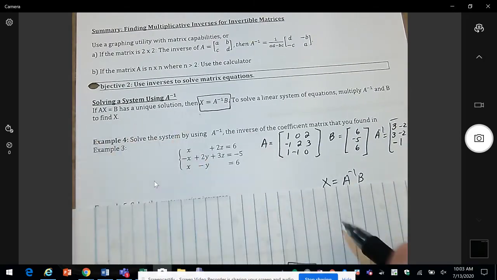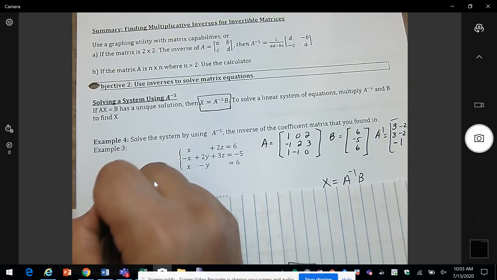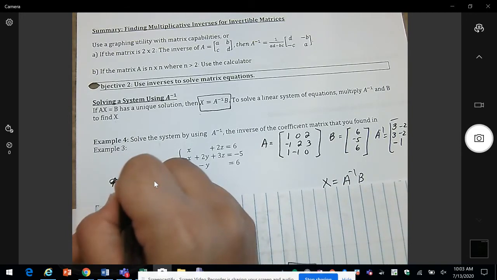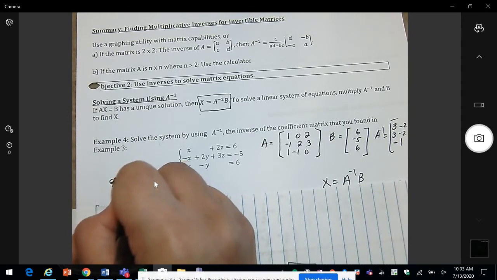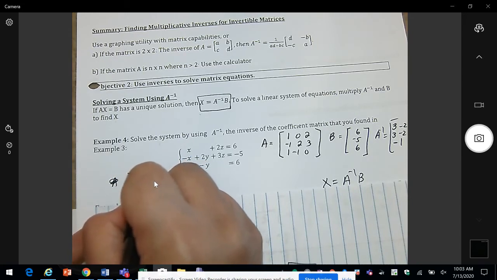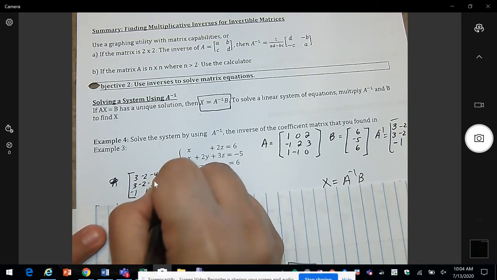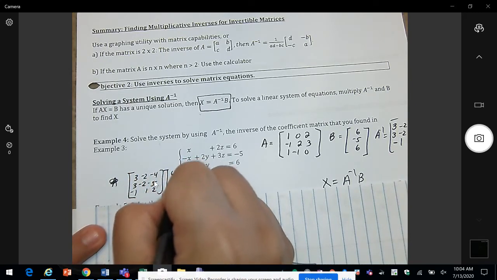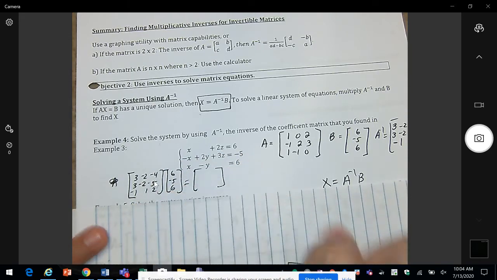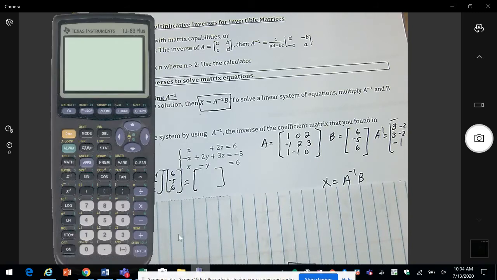So to solve, we use x equals A inverse times b. So I'm going to go ahead and write it over here. 3, -2, -4, 3, -2, -5, -1, 1, and 2. And we're going to multiply that times b. I'm going to go ahead and use the calculator for this. Recall that I already have my matrix A in here.